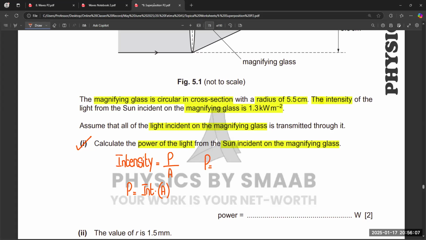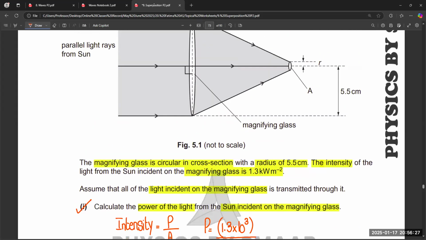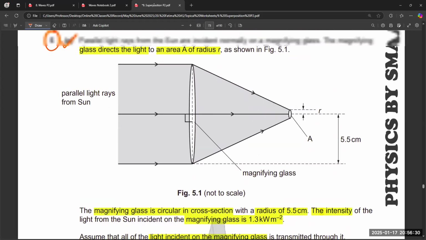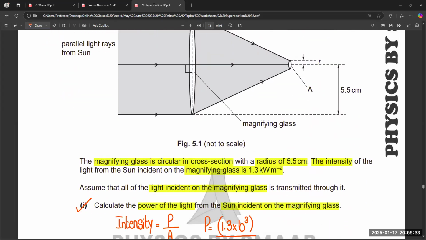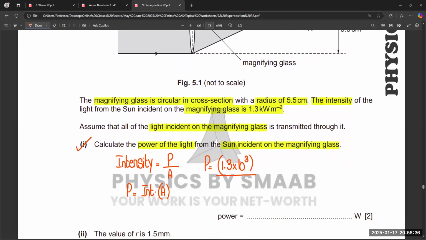Power can be calculated by 1.3 kilowatt, where kilo means 10 to the power 3, multiplied by area. Okay, area is not given directly, radius is given. So we need to use the formula pi r square. First of all, we need to convert centimeters into meters and then square it.